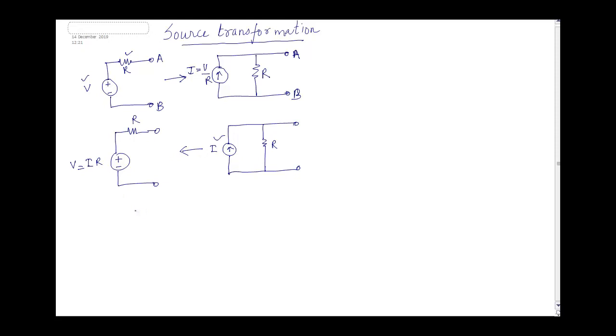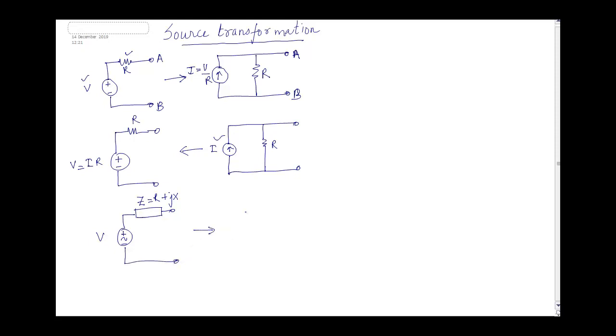This can even happen for the case of an AC circuit where, instead of resistance, we have an impedance Z, which will have some real part and some imaginary part, in series with a voltage source, which may be an AC voltage source.